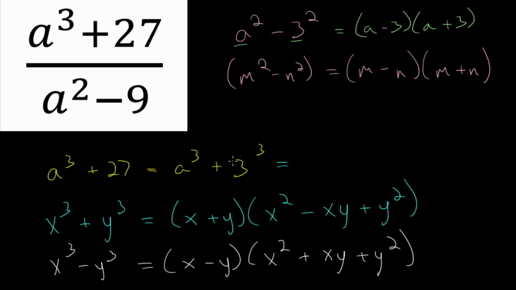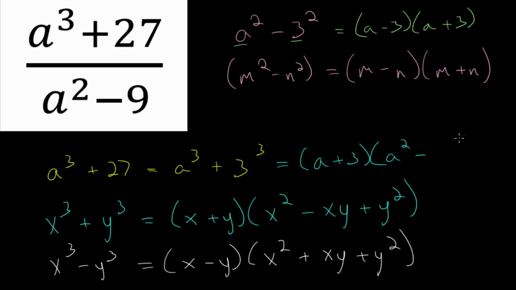We have a cubed plus 3 cubed, so we can factor this to a plus 3, we're now ignoring the cubes, multiplied by a squared minus, we're now using the opposite sign, keep the sign the same for the first linear term, and then it's the opposite sign.